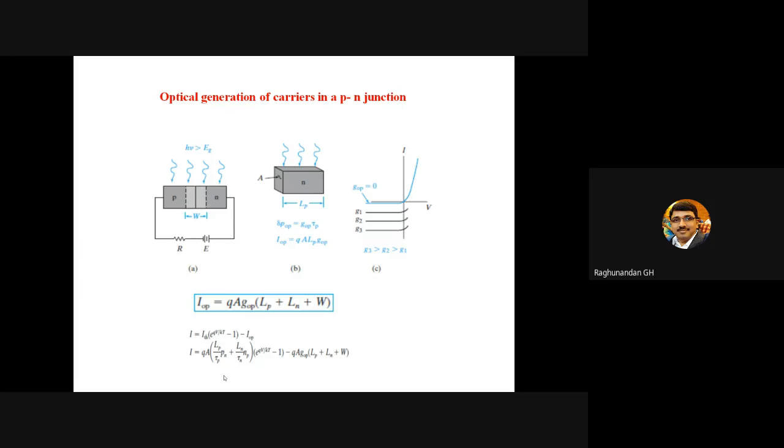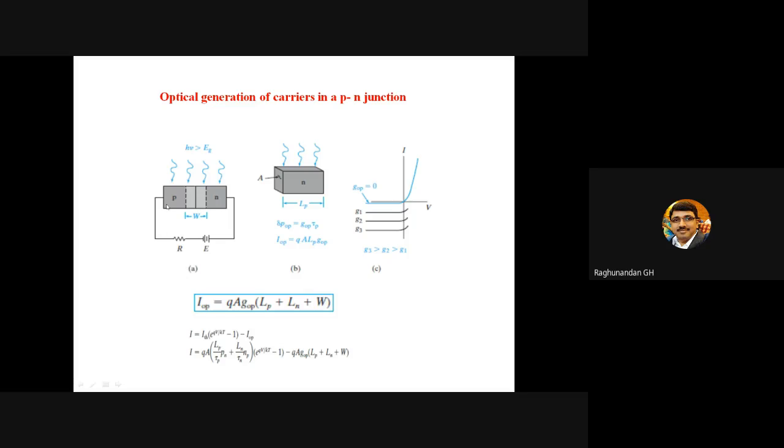What is tau in a semiconductor device? It is the mean lifetime. Tau p means mean lifetime of the holes, tau n means mean lifetime of the electrons.